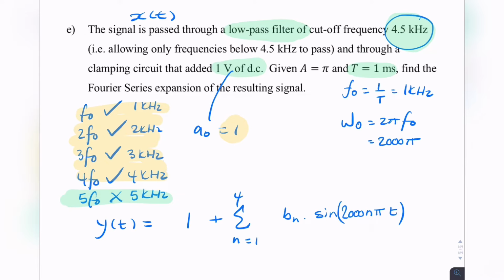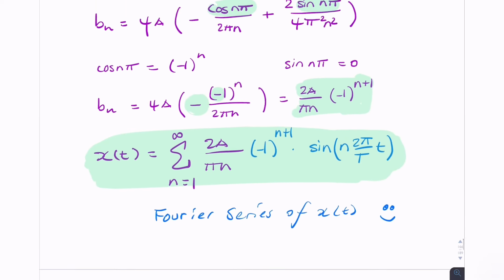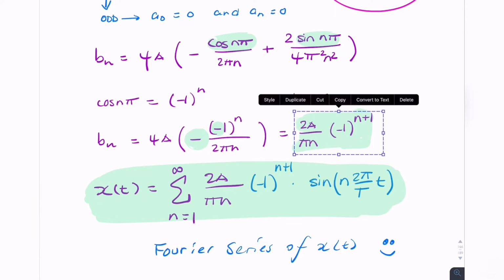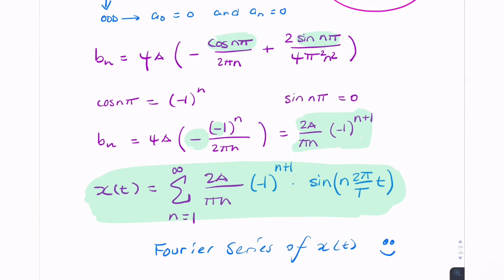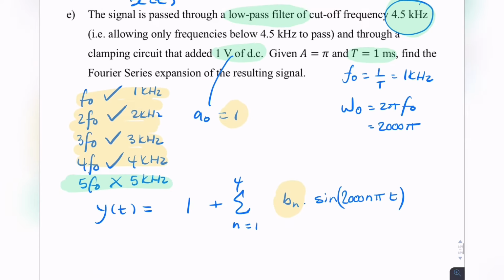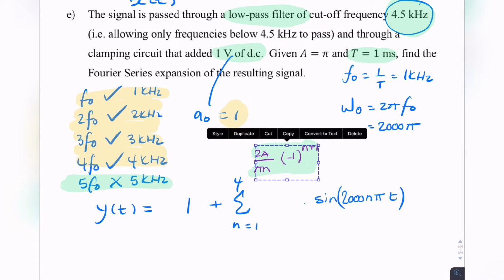And we can replace B of n with the expression that we found back in part A. So if we scroll all the way back to part A, we found B of n right here. That's our B. And we can put that here. So if I erase B of n, we can put that right in there.